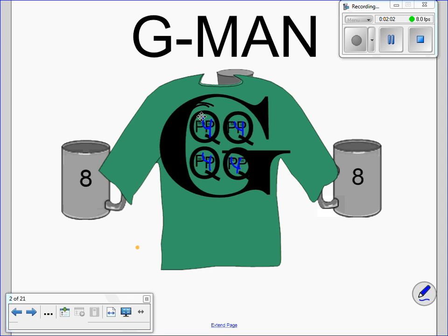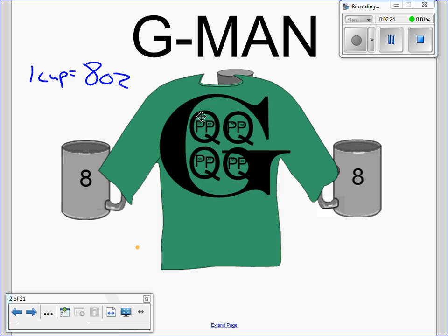Then take a look, the G-man is holding an 8 in each cup. This represents 1 cup equals 8 ounces. That's why he's holding cups with 8 ounces in it. So let's take a look back at our G-man shirt here. How many cups do we have in a quart? We have 4 cups in 1 quart.